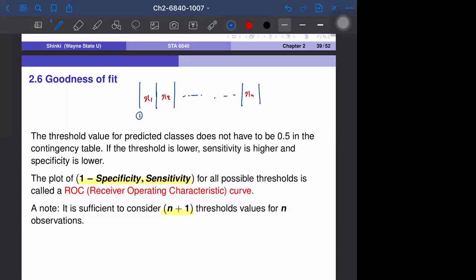So the first possible threshold, second, third, up to n+1. Even if we have multiple predictors, the fitted value is a linear combination. So if we order that, then we only have n possible values. So we only have n+1 possible thresholds.